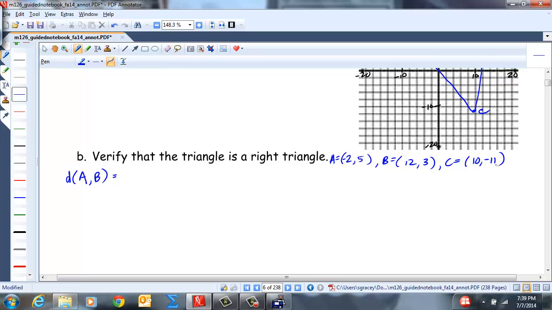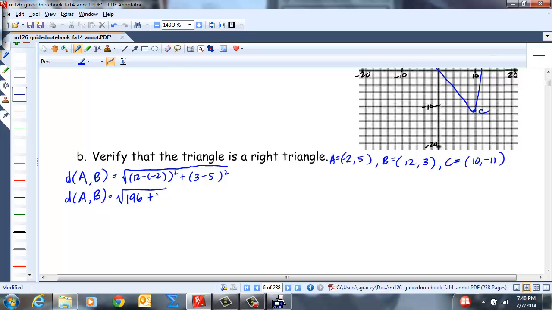So the distance between A and B will be 12 minus -2 squared plus 3 minus 5 squared. So the distance between A and B is 12 plus 2 is 14. 14 squared is 196. And then 3 minus 5 is -2.